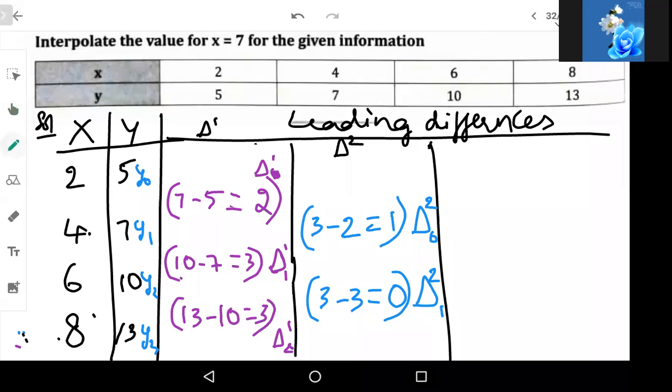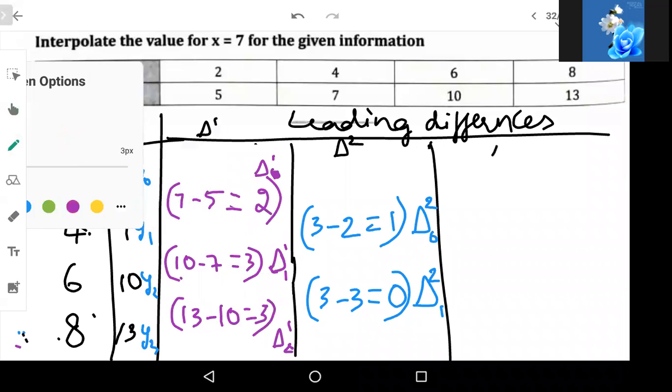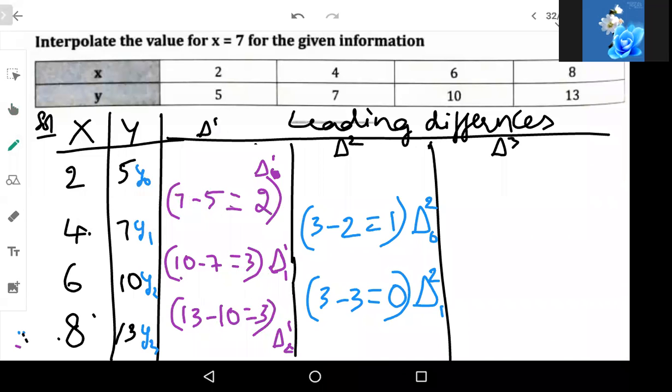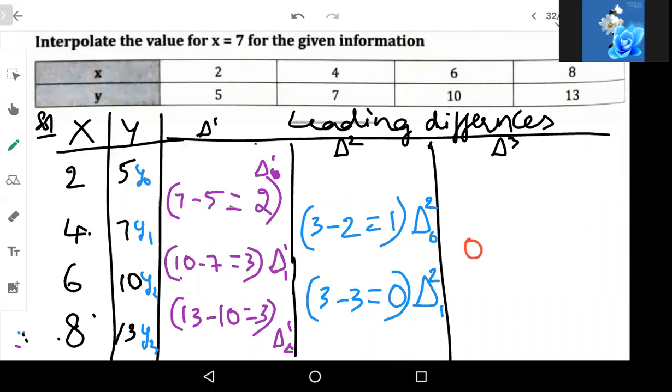And finally, since there are only two values, find the leading difference here. This will be the third leading difference, and 0 minus 1 is equal to minus 1. So this should be triangle 3, y0.